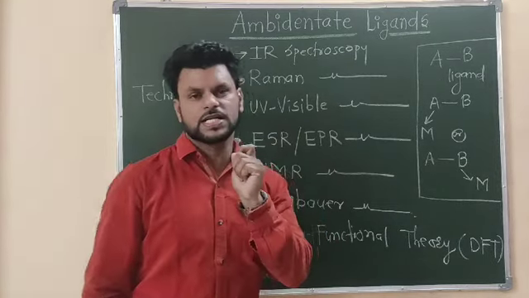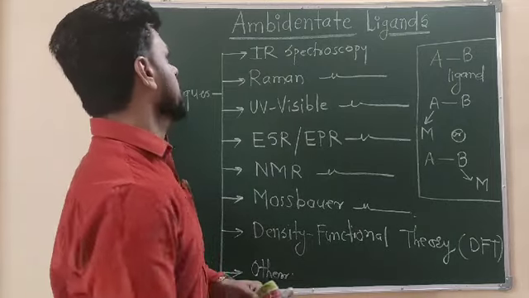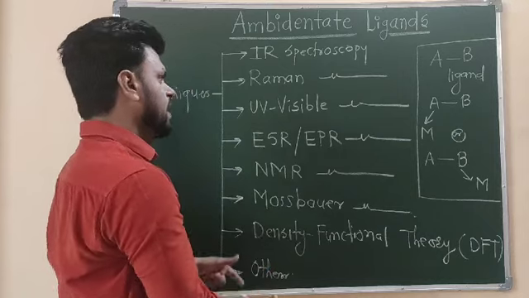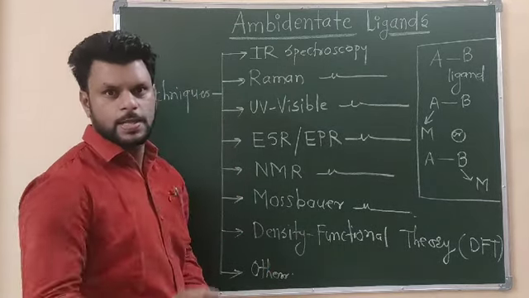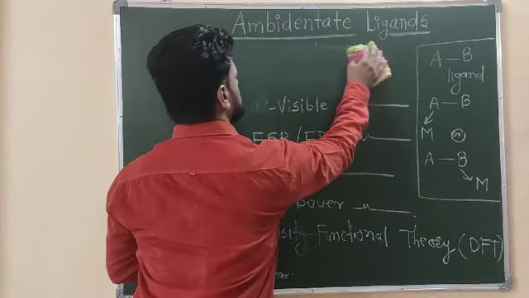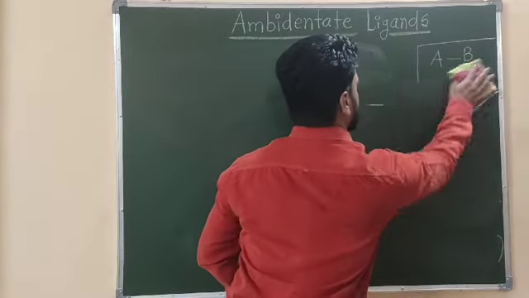Now I am going to discuss real examples of the ambidentate ligand. My dear friends, please keep in mind these techniques are highly useful in order to understand the types of bonding and linkages in coordination complexes. Now let's move towards the real examples.